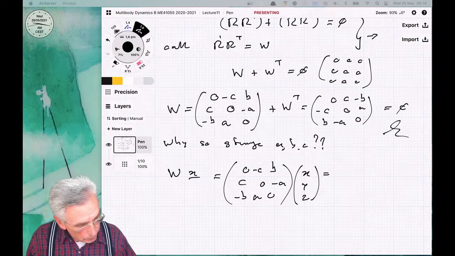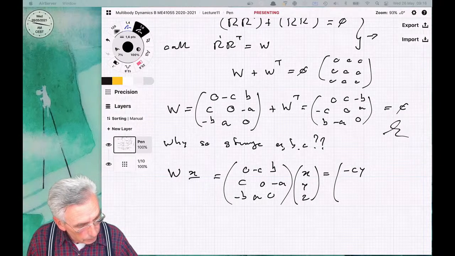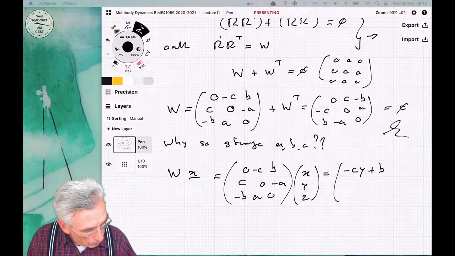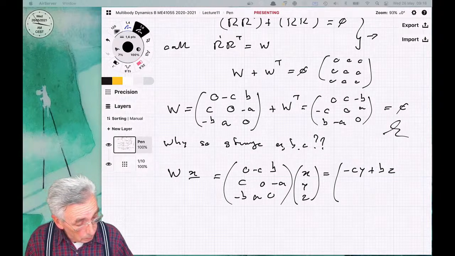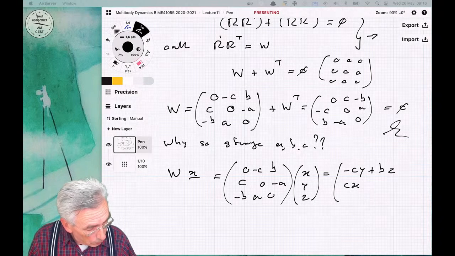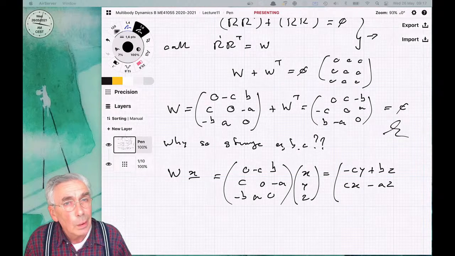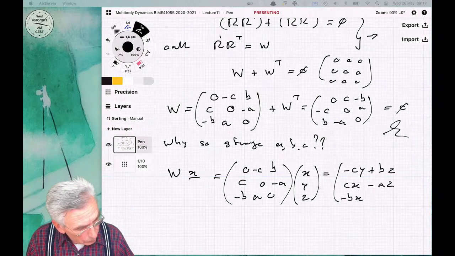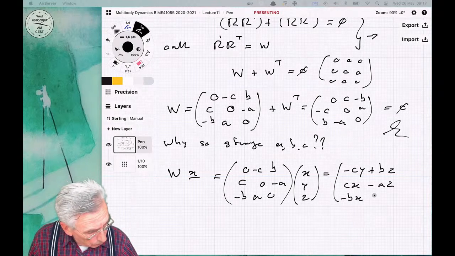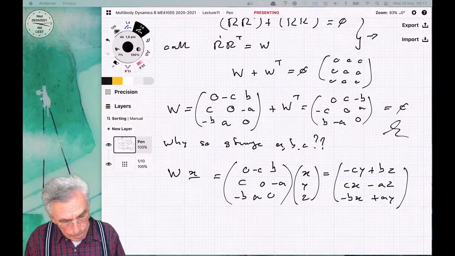Okay, the answer is minus C times Y plus B times Z. Okay. C times X minus A times Z. Okay. Minus B times X plus A times Y.